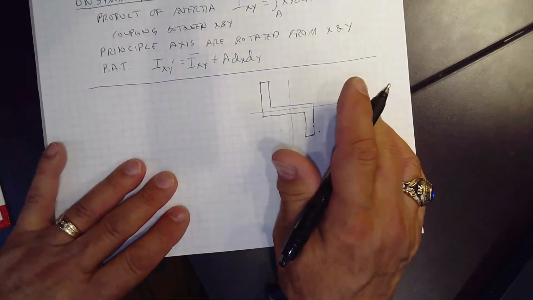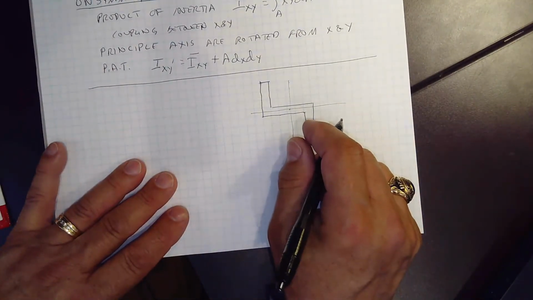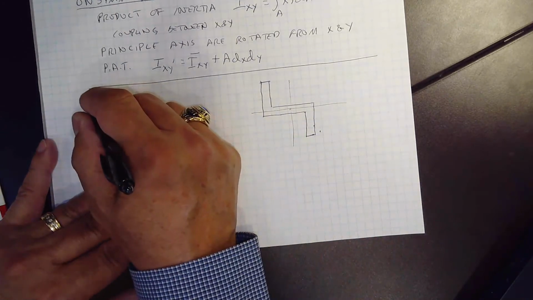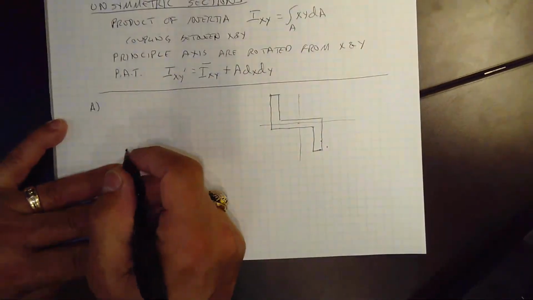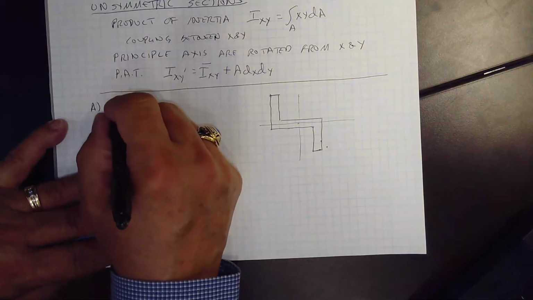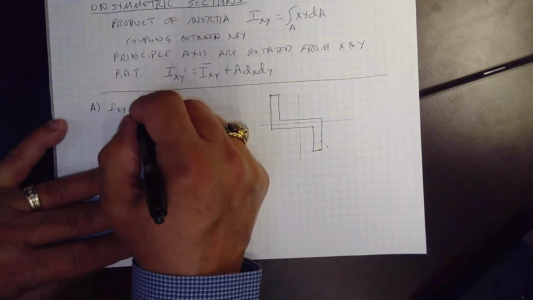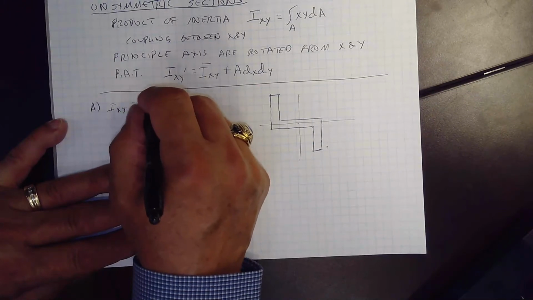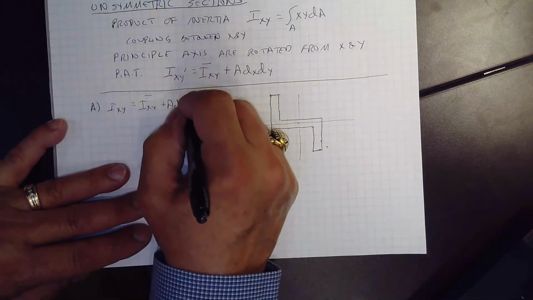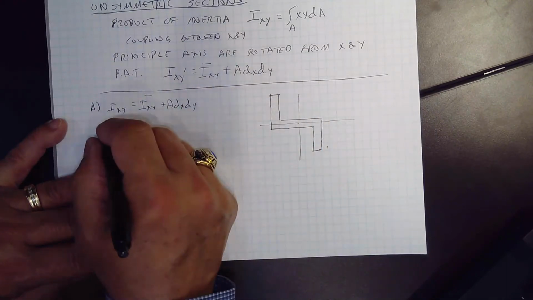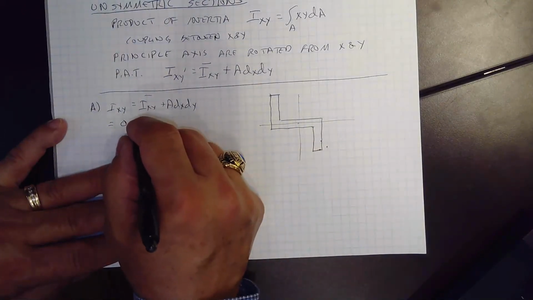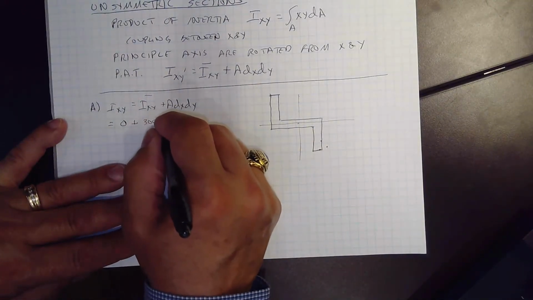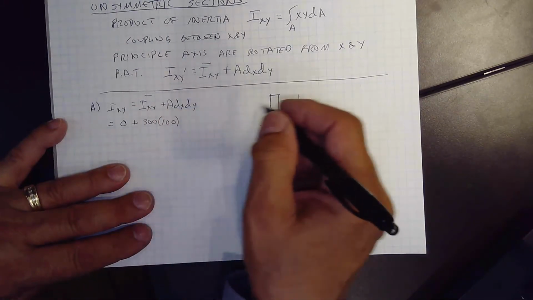If we look at rectangle, we're going to label these A, B, C. If we look at rectangle A, I keep going crooked for you. There we go. We'll say that Ixy is going to be equal to Ixy prime plus A dx dy. Well, that's going to be equal to 0 because the first one is just a rectangle, plus the area 300 times 100. This is all in millimeters. Oh, I didn't define these for you.